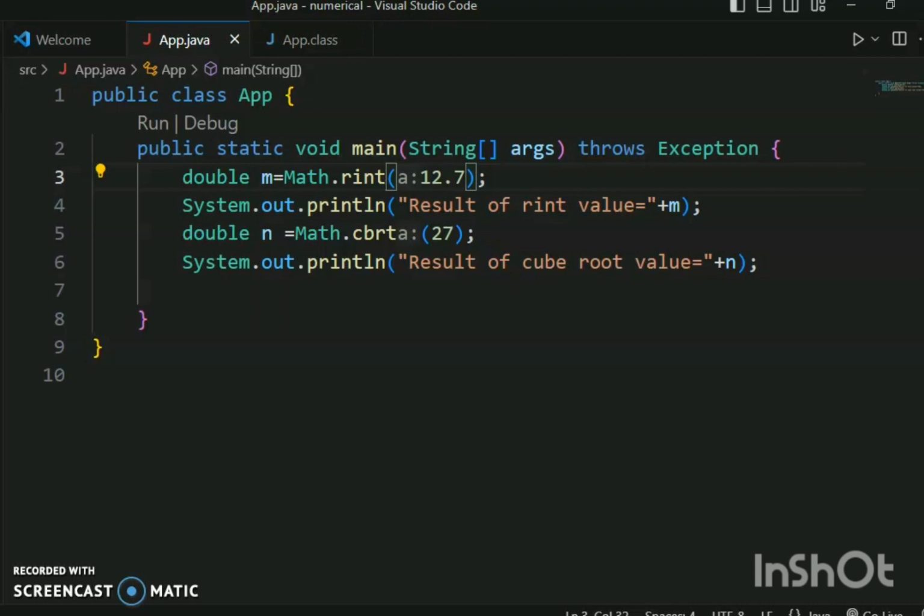It always returns the value as a double data type. Highest integer means greatest integer. Greatest integer and rint value are both different, so we know each of the values.